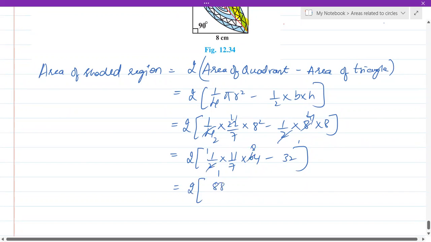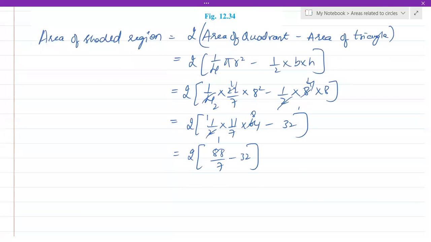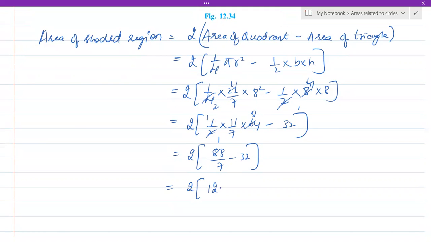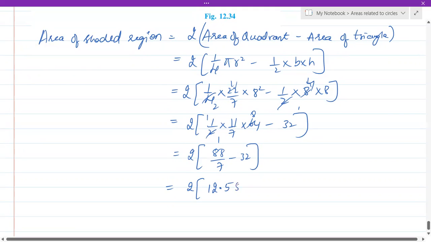So it becomes 88 by 7 minus 32. So 88 by 7, it becomes 7 ones are 7, 1 carry, it becomes 18, 7 twos are 14. 5. So let's round it off to 5 8 minus 32.